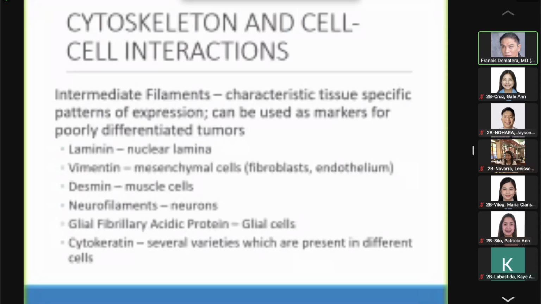If the E-cadherin is positive, that means intact pa siya. But if it's negative, that means there's loss of expression. So there's a possibility na may invasion na siya, so hindi na siya benign na breast tissue. It's pointing towards a more invasive kind of tissue.